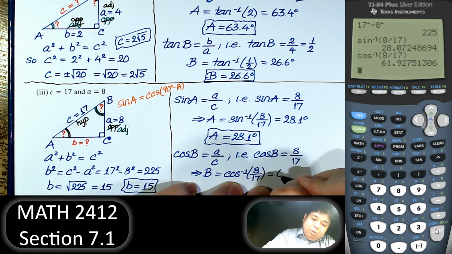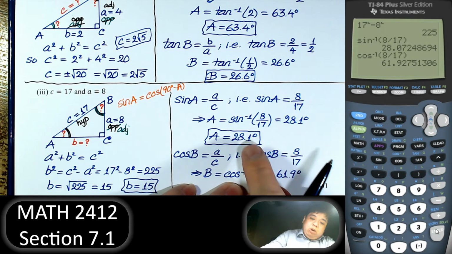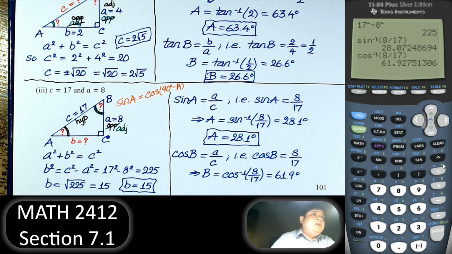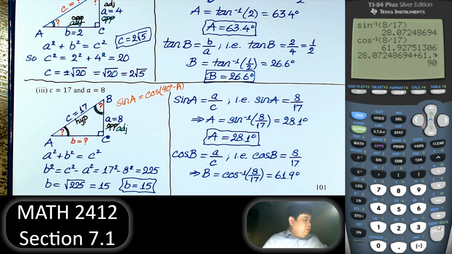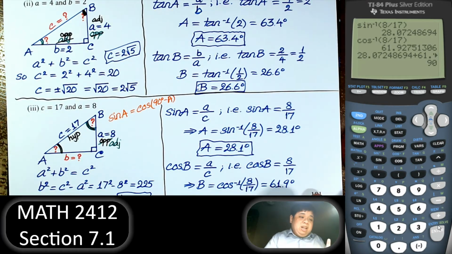We have 61.9 degrees. Of course, when we add these two, they should be 90 degrees because they are complementary angles of each other. Right, so that's simple enough. Once again, in a right triangle, we should be given two pieces of information along with the right angle.